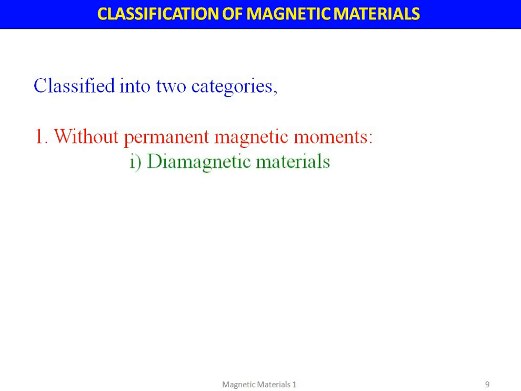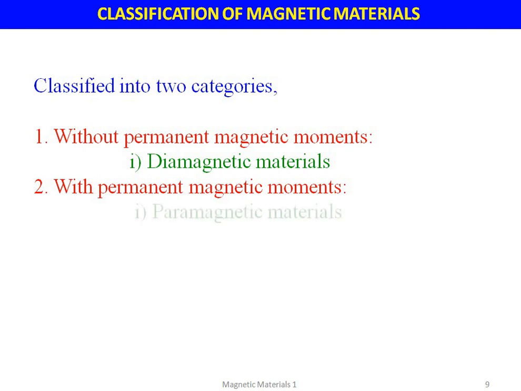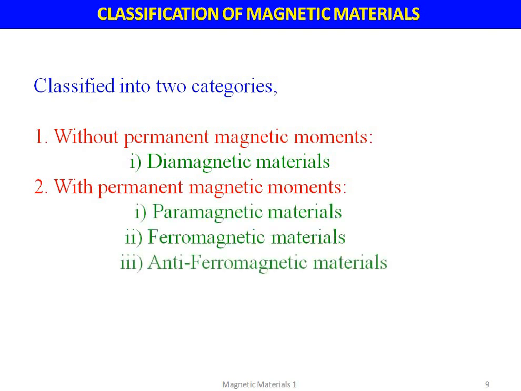The other is the materials which have permanent magnetic moments. Here we have four different types depending upon the direction of the spin: paramagnetic materials, ferromagnetic materials, antiferromagnetic materials, and the fourth one, ferrimagnetic materials. So in this class we are going to discuss these five different types of magnetic materials.